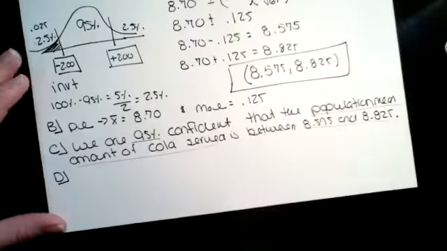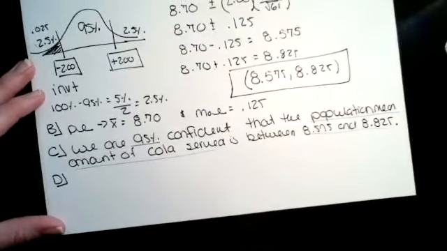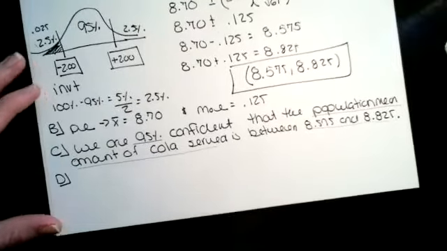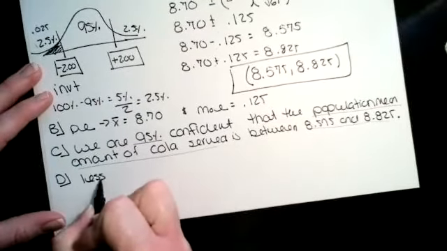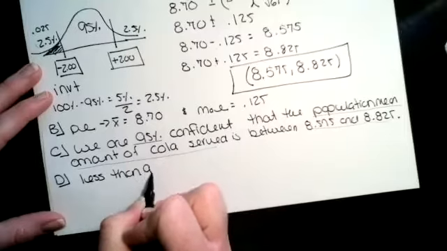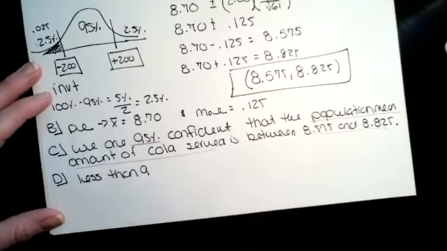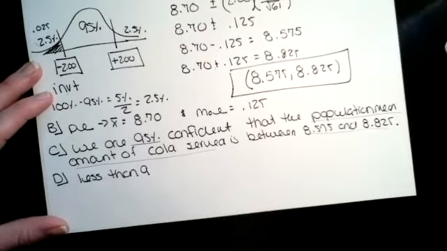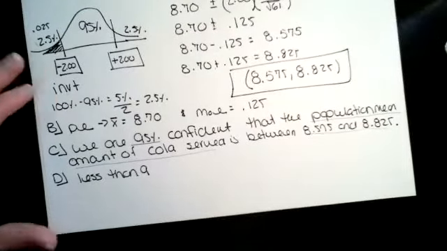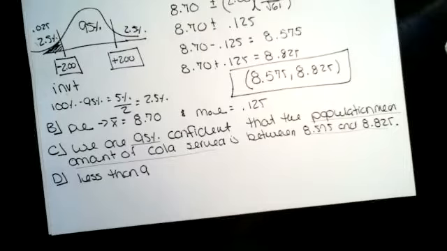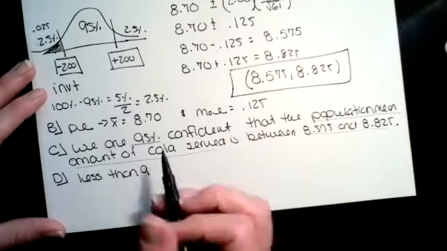Now in part D, it says the machine is supposed to serve 9 ounces, but some employees think it's less than 9. So I'm going to write this down, less than 9 ounces. So I want to know, does our sample show that, can we be 95% confident that the serving is less than 9 ounces?